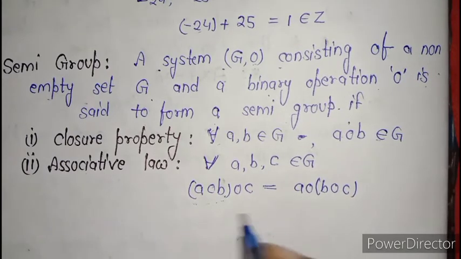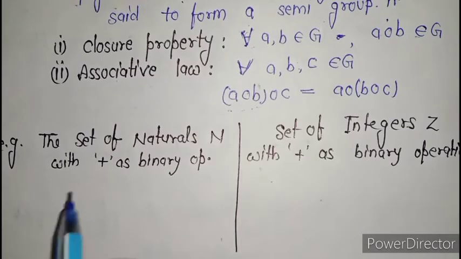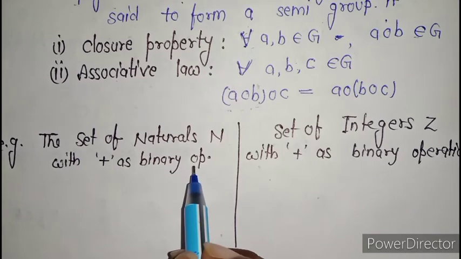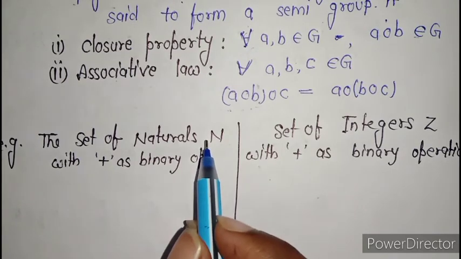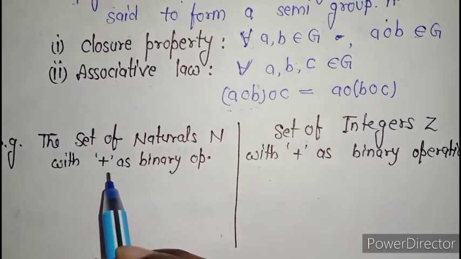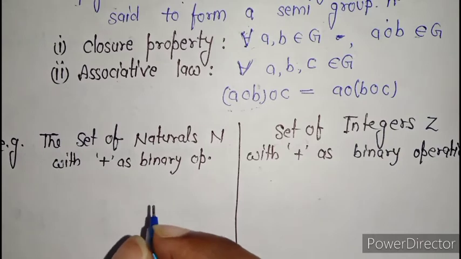So I will take some examples to show what it is saying. Again I am taking this example of the set of natural numbers with plus as the binary operation. I told you about the closure property of the natural numbers with addition as the binary operation. Now I will discuss only the associative property. What does it say?